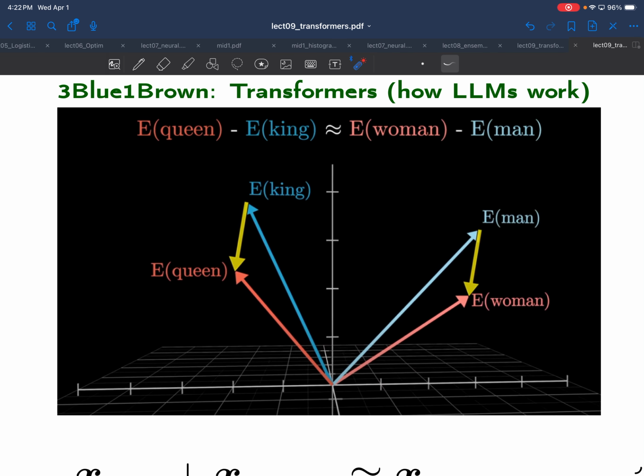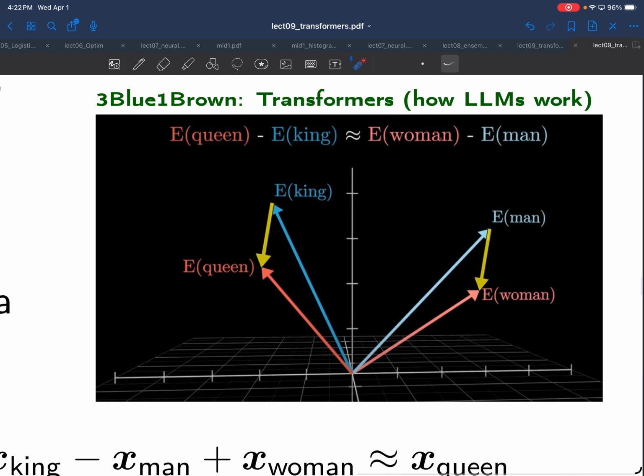The interesting thing is that the difference between king and queen is also very close to the difference between man and woman. What that means is that there seems to be a particular direction in the embedding space which corresponds to gender.